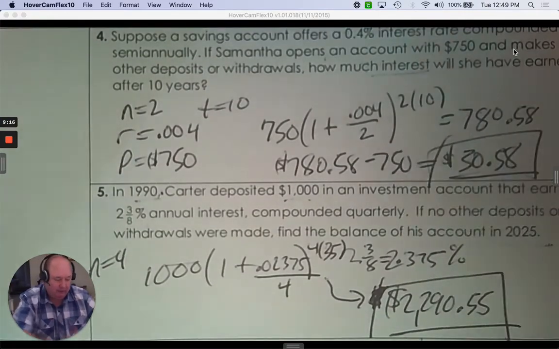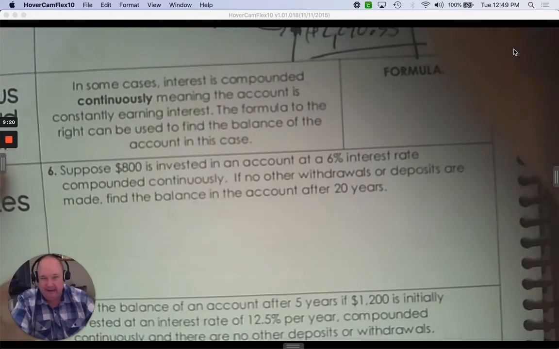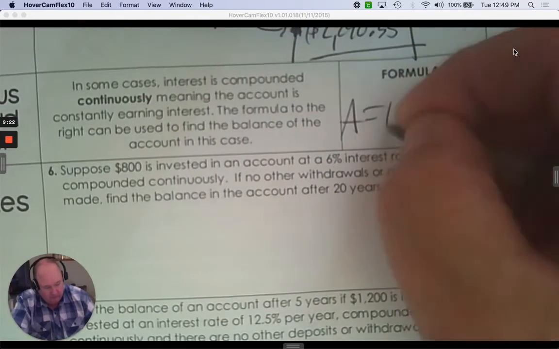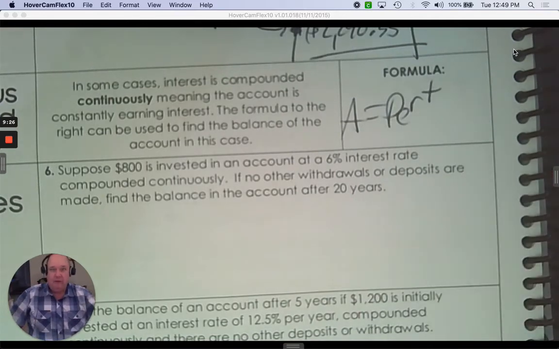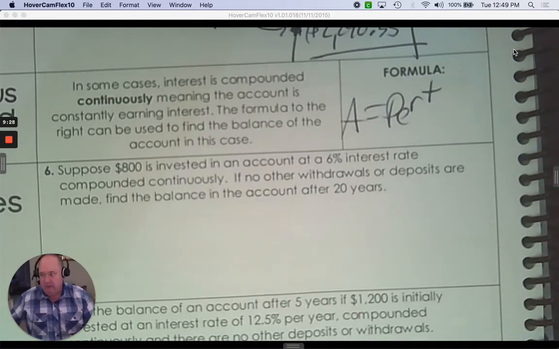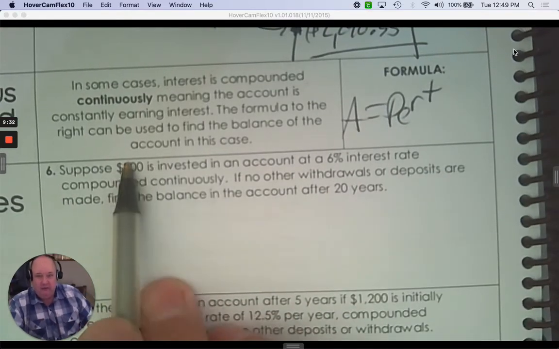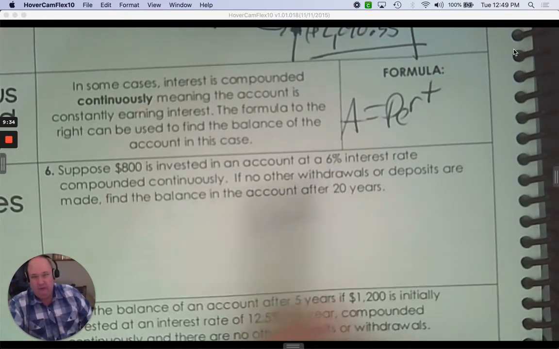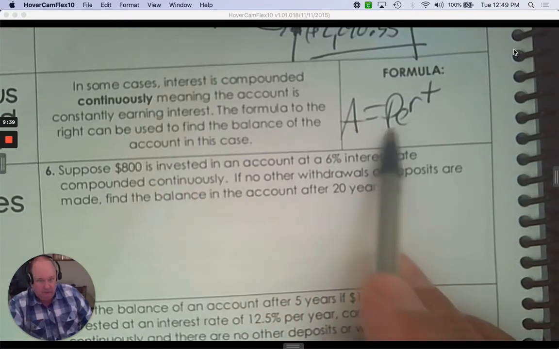All right. Now's the last part. Continuous compound interest takes us back to the formula we did before, which is this one. So when it's continuously compounding, that's the formula we used before that we're going to use again, but just with money. So if $800 is invested and it's 6% interest rate compounded continuously, that's the key word to know, it's this formula.